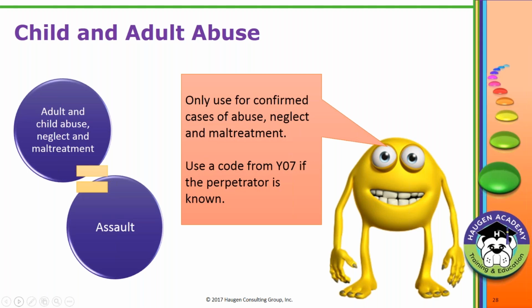So for confirmed cases of abuse, neglect, and maltreatment, when the perpetrator is known, then there is a code that we should be using from category Y07, which is perpetrator of maltreatment and neglect. And that code should accompany any other assault codes that would be applicable as well.